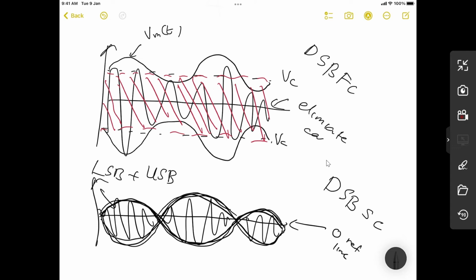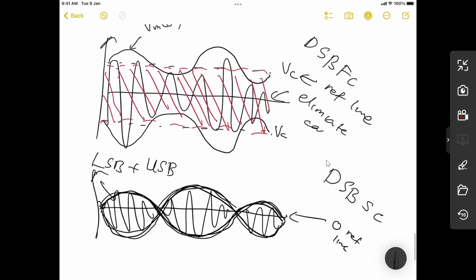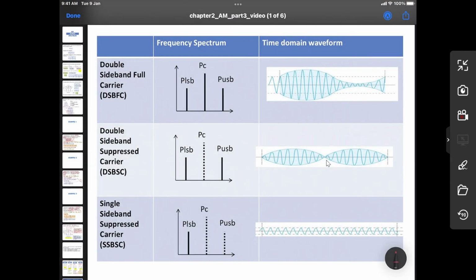Previously, you had VC as the reference line. You eliminate that, so you combine the positive and the negative, and you will get this waveform. That is why the waveform is like that.